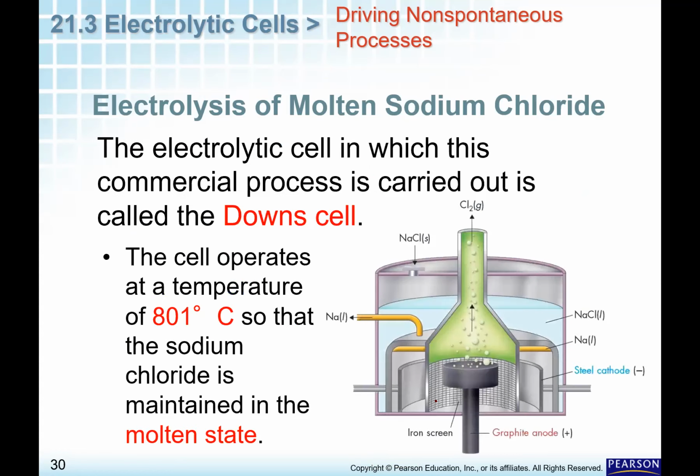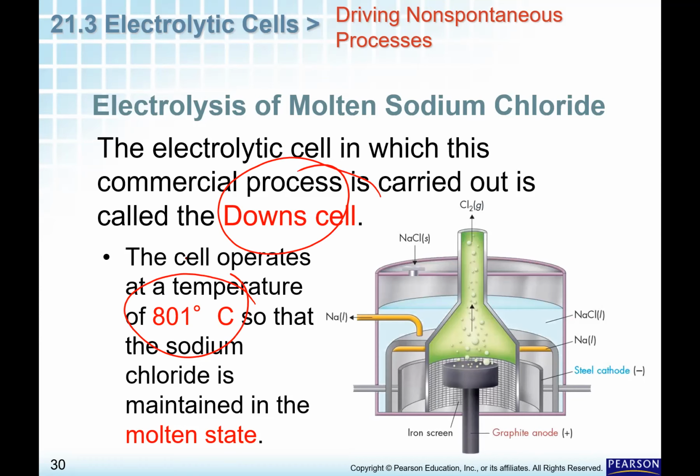This is the kind of device that is used for that purpose at the industrial level, which is called the Downs cell. Of course, sodium chloride, like any other ionic compound, has a very high melting point. So you need to heat up the sodium chloride.